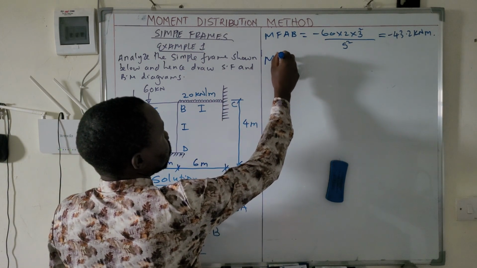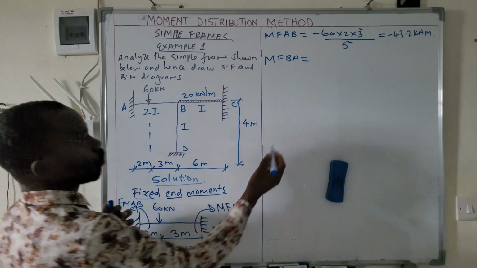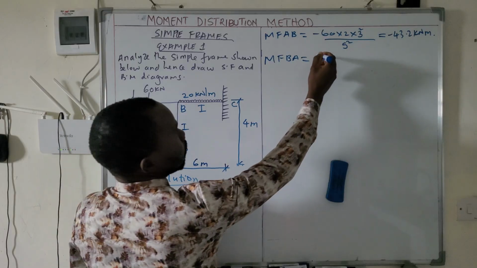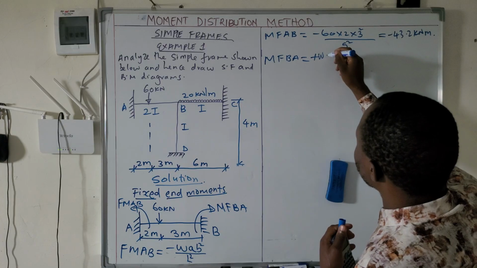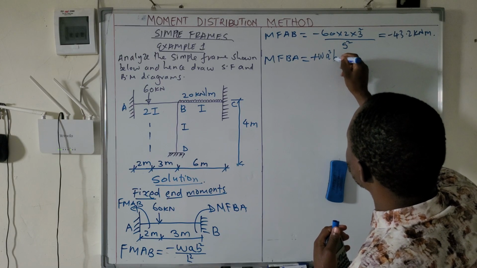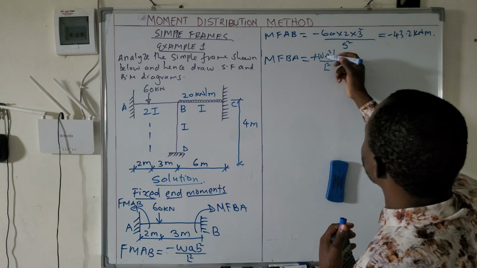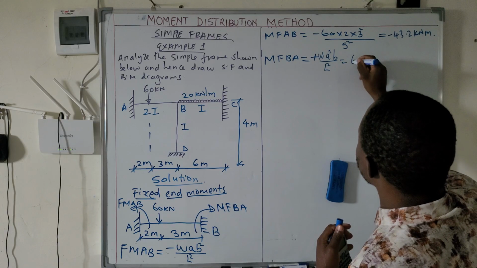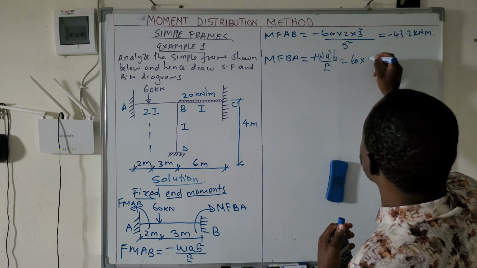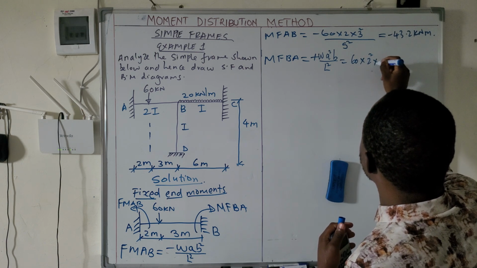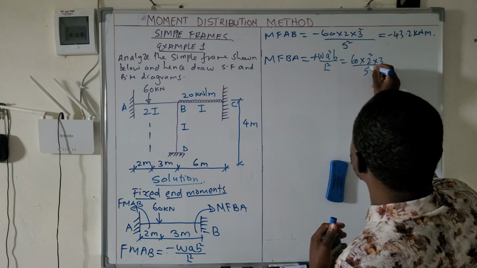So MF BA, which is this one. So this one will be plus W A square B over L square. So this one will be W, which is 60, times A square, which is 2 square, times B, which is 3, over 5 square.